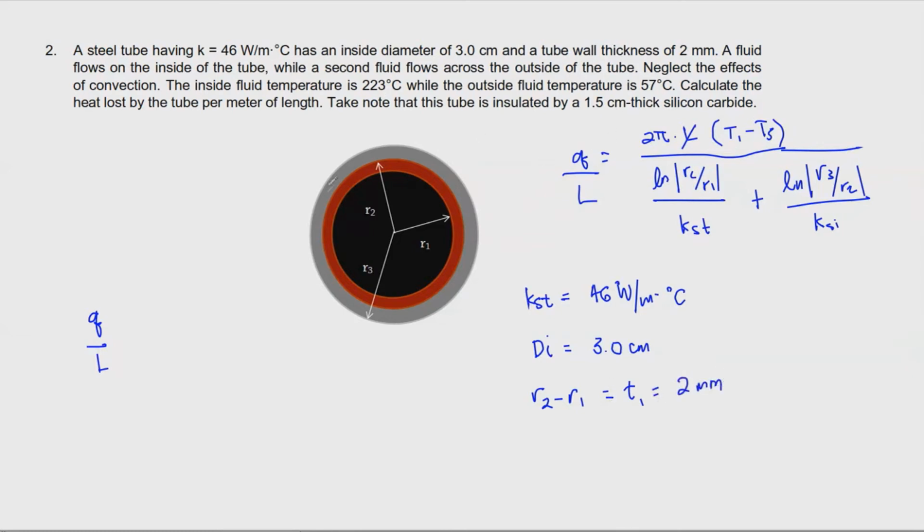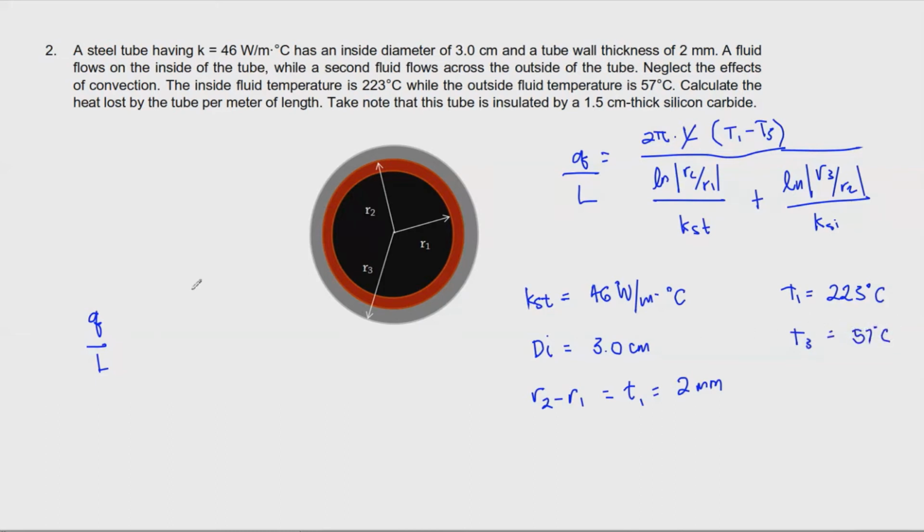And then, fluid flows on the inside of the tube, while the second flows across the outside of the tube. And then neglect the effects of convection. That's very important. So the inside fluid temperature is 223 degrees Celsius. So we can say that T1 is equal to 223 degrees Celsius. And then the outside, which is T3, is equal to 57 degrees Celsius.